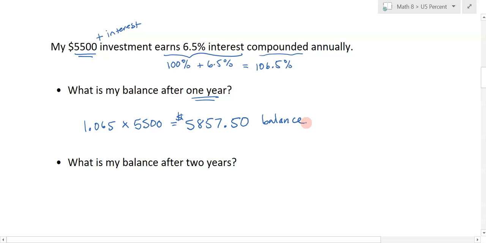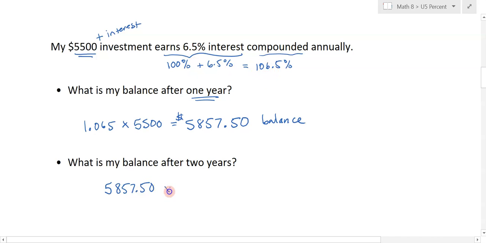So now, I'm not going to take that out of the bank, I'm just going to leave it in there because I don't need it, it's an investment. I'm going to now see what my balance is after 2 years. Same interest rate. So now my new balance is $5,857.50, and I still have the same interest rate.